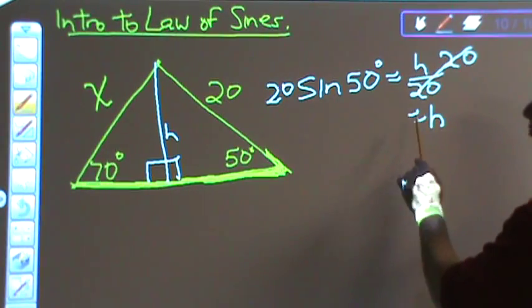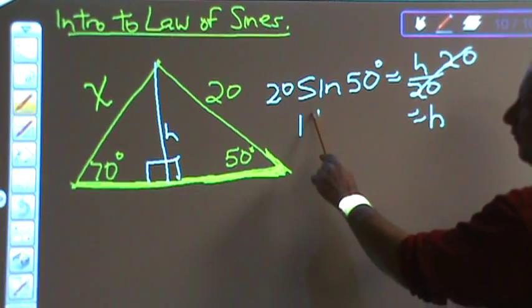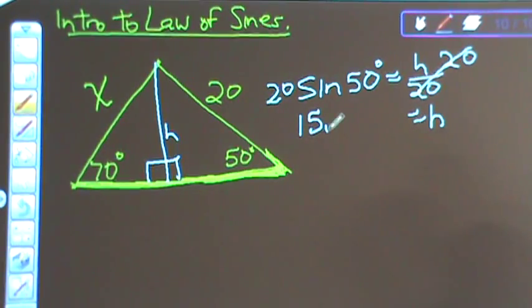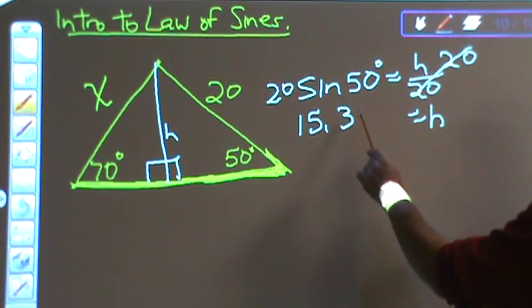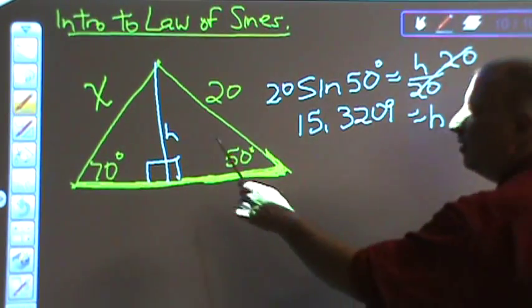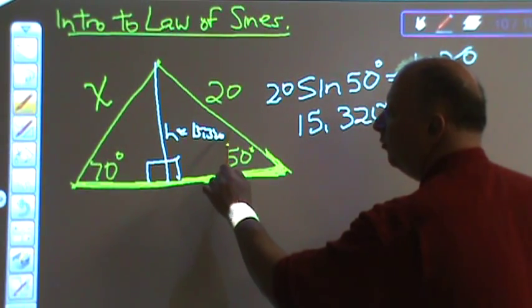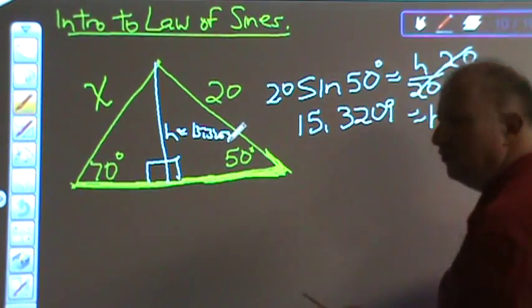And h is equal to 20 sine 50, which happens to be 15.3209. I know you can't read it with the smudge marks, but the answer is right there.